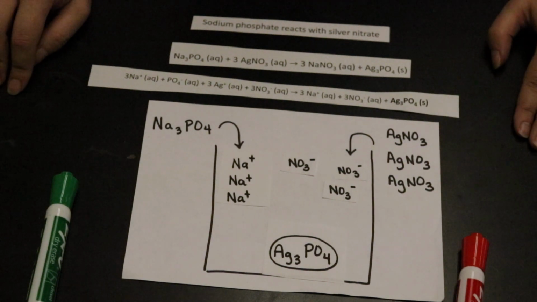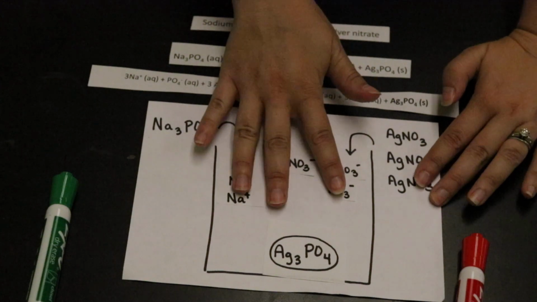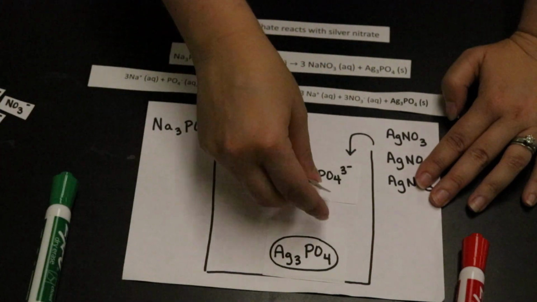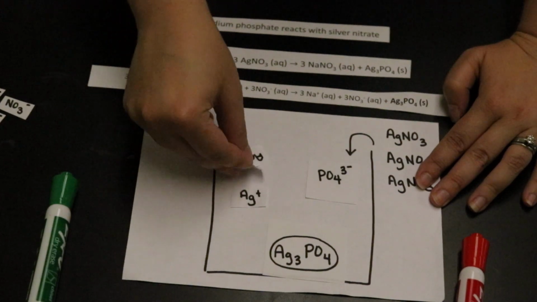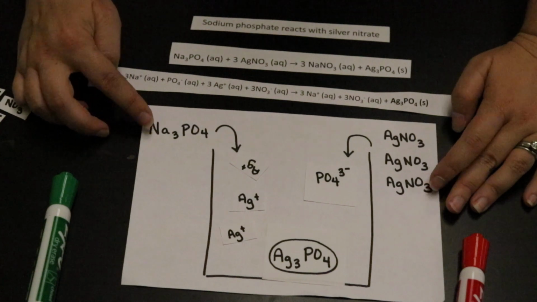The other type of equation that we write is something called a net ionic equation. The net ionic equation is only concerned about how a solid is formed. So when we look at what makes up our solid, the only things that make up our solid are the Ag pluses and the PO4 3 minus.